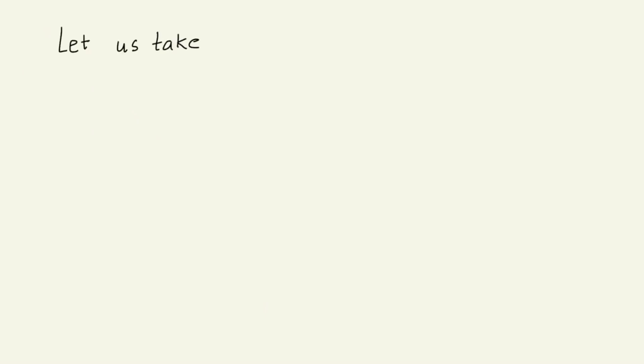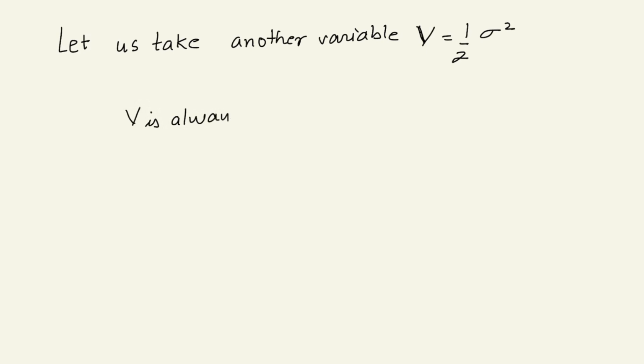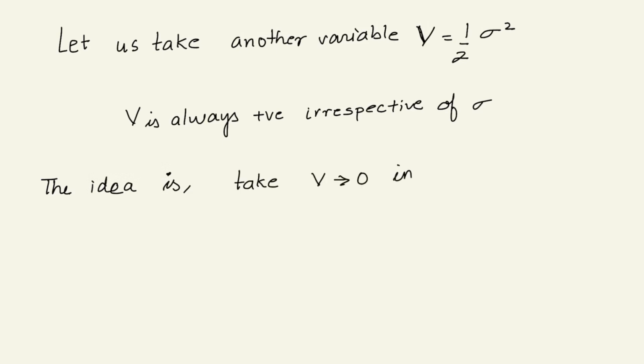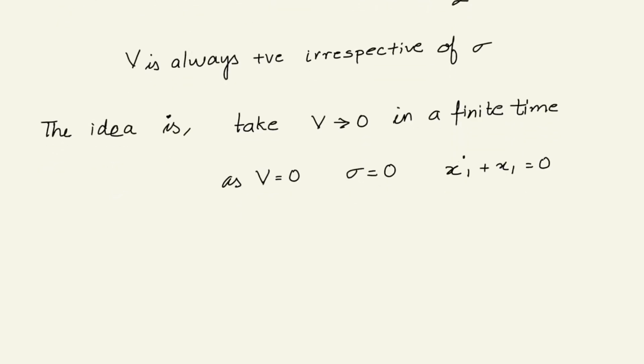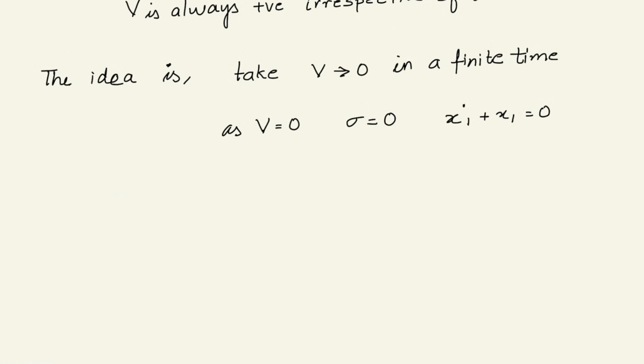As we have discussed, we couldn't assure whether sigma is always going to be positive or not. To deal with this, let us take a new variable v, which is half sigma square. This variable v will always be positive irrespective of sigma being positive or negative. Now rather than taking sigma to 0 in finite time, let's take v to 0 in finite time.